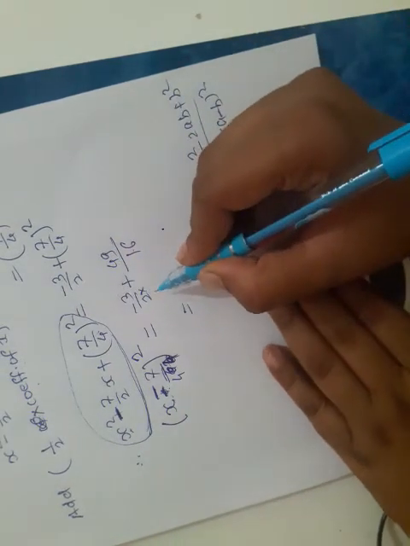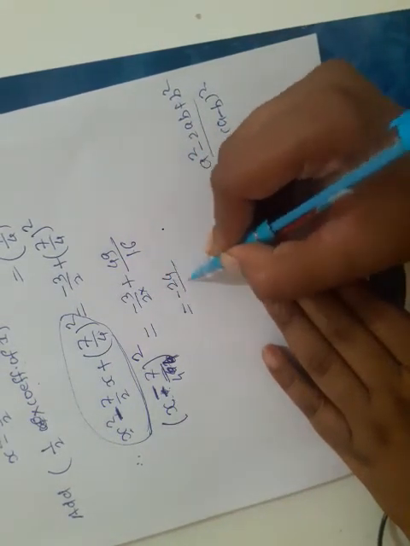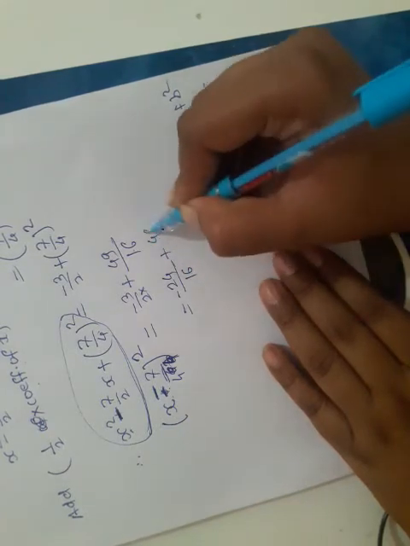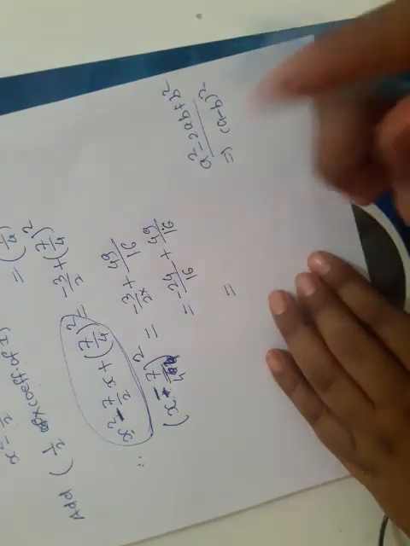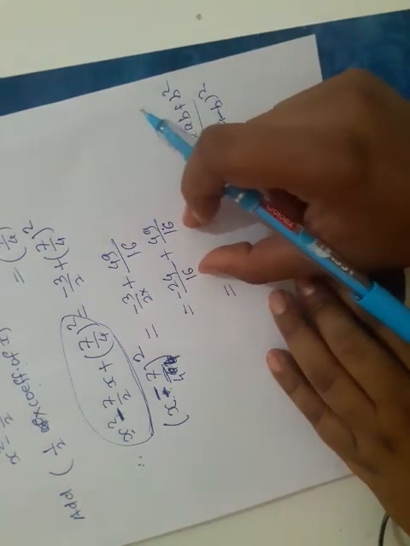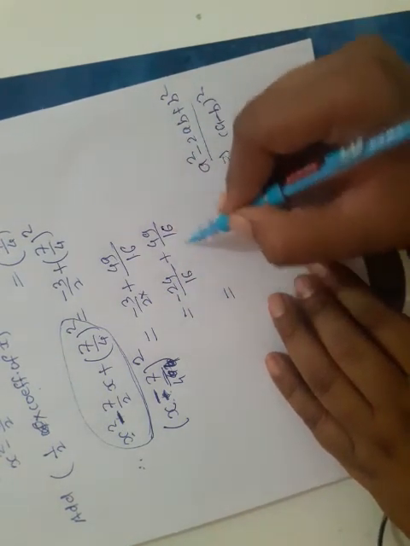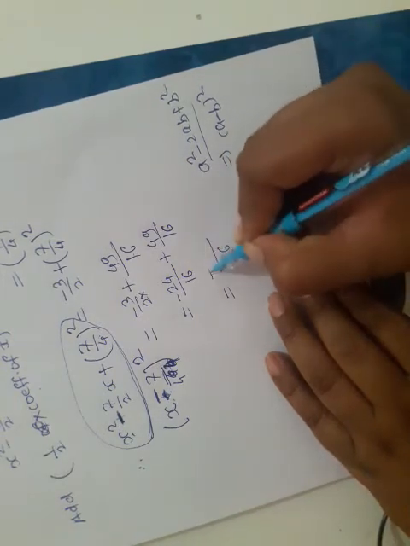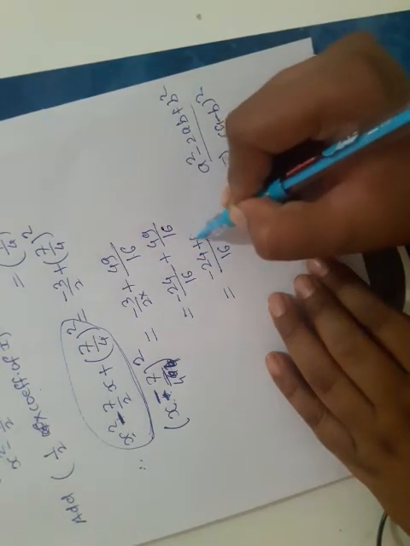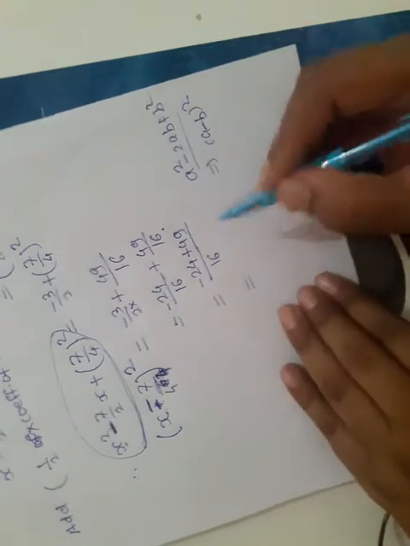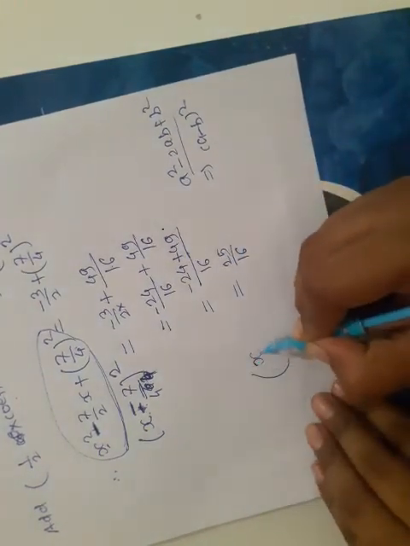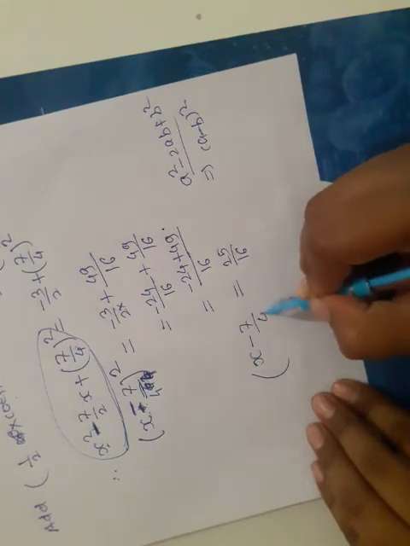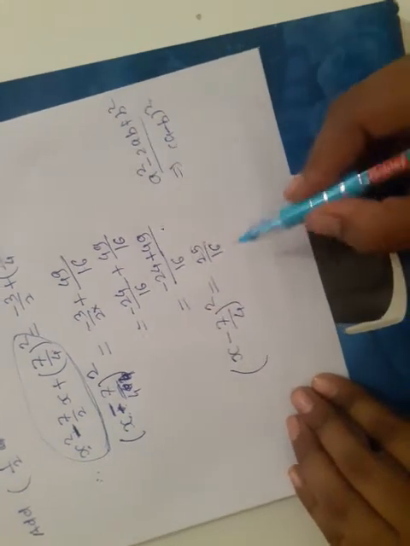So we get minus 24 upon 16 plus 49 upon 16. Now the denominator is the same, so take the common denominator and add the numerators. After adding, we get 25 upon 16. Simultaneously write down the LHS: x minus 7/4 bracket square is equal to 25 upon 16.